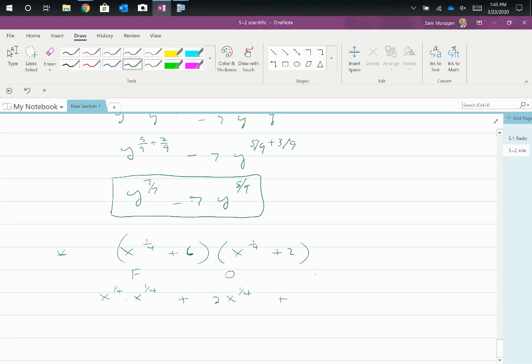Inside: 6 times x to the power 1 quarter. And last: 6 times 2. So 1 quarter plus 1 quarter is a half. 2x to the power quarter and 6x to the power quarter is 8x to the power 1 quarter plus 12.